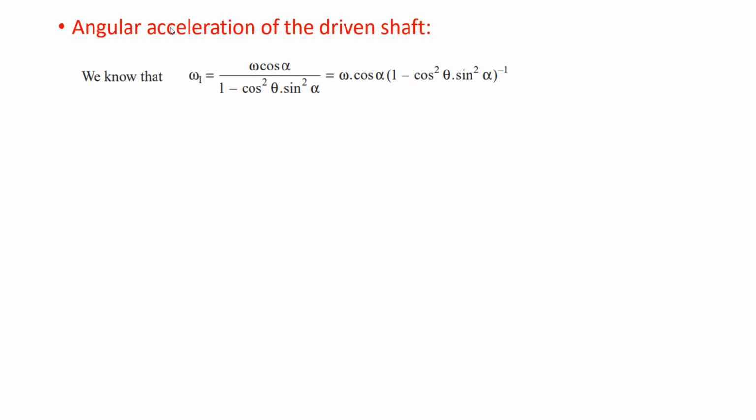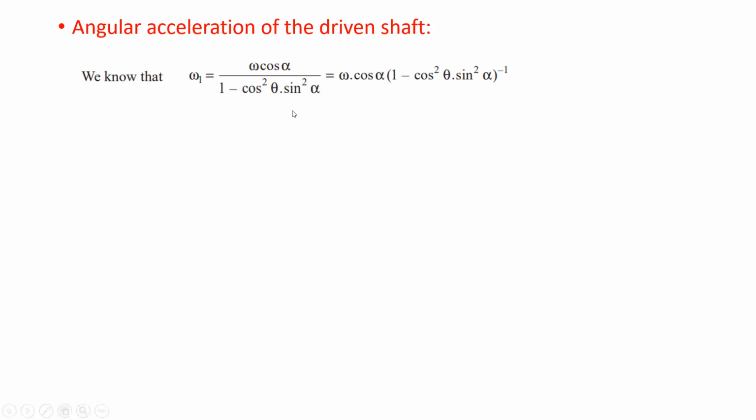So we can find the angular acceleration of the driven shaft, omega 1. What you have to do: this is the expression we have already derived. You have to differentiate it with respect to time, that is d omega 1 upon dt.